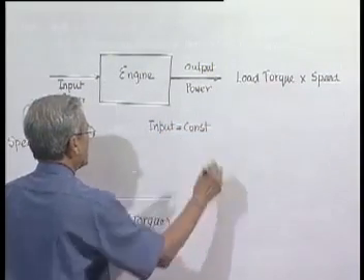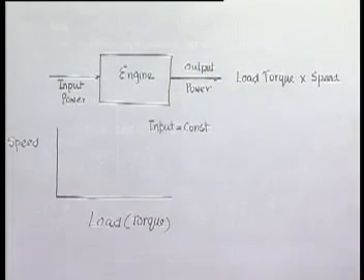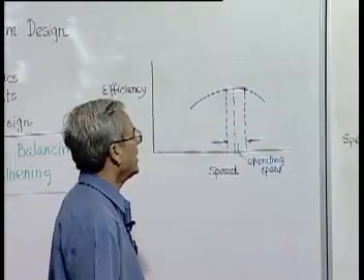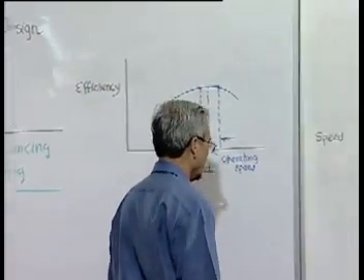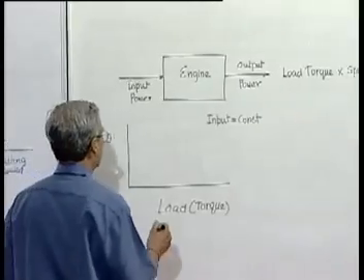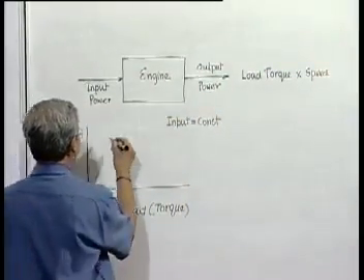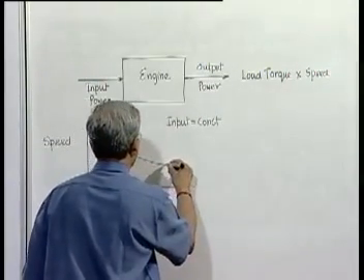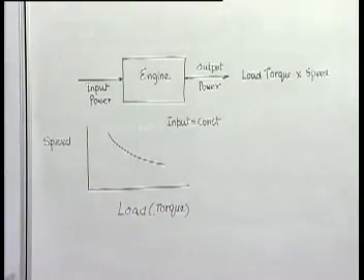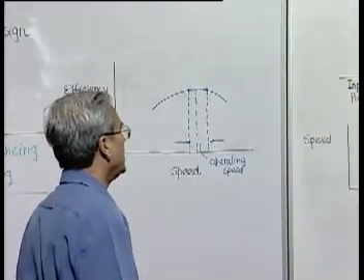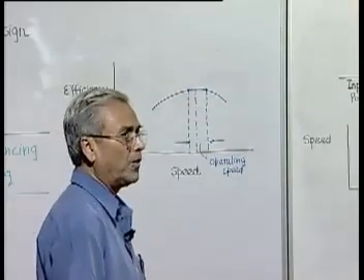So it is obvious that output power also will remain constant, though the load is increasing. Since the input power is constant, approximately we can say that output power also will remain constant. What does that mean? It means that this product, load torque into speed, will remain constant, and obviously speed will fall. If an engine is running some machine, suddenly the load torque increases, the speed is obviously going to fall.